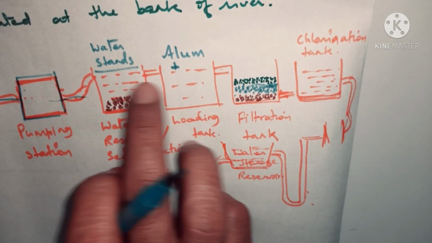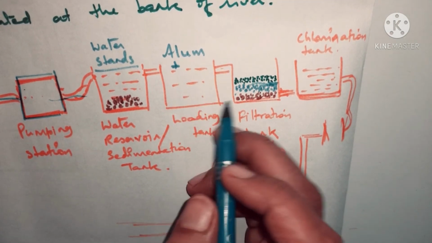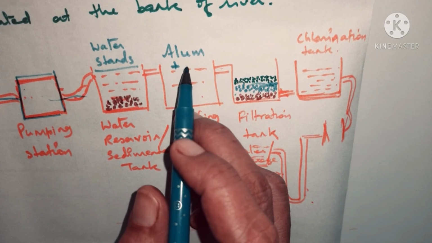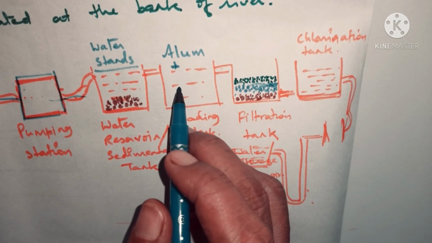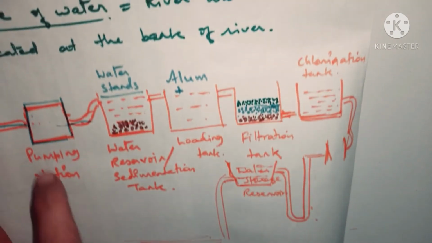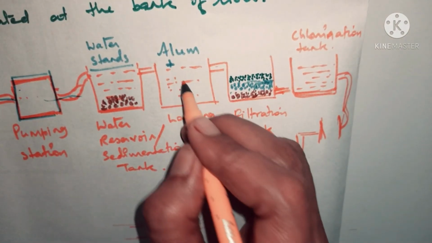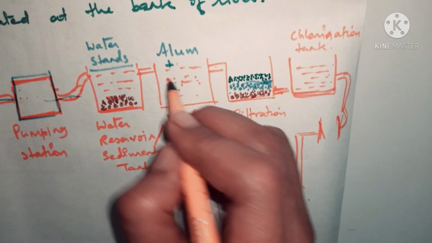When the water passes through this loading tank, the alum dissolves into it, and the alum particles deposit on the very small suspended particles present in the water.